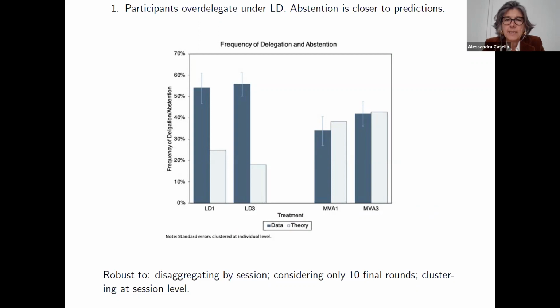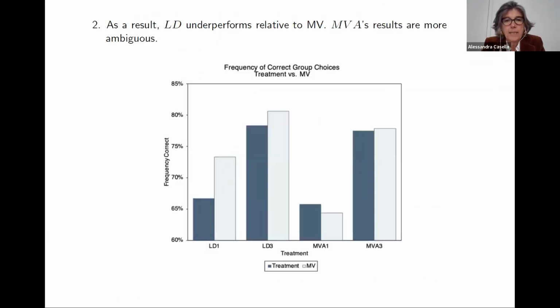I mean, in my eyes, at least, the difficulty of not delegating when you are told that there is somebody else out there that has more precise information and we are solving a common problem. That means that liquid democracy will underperform relative to majority voting because people are delegating too much. And so the richness of the decentralized information is lost.